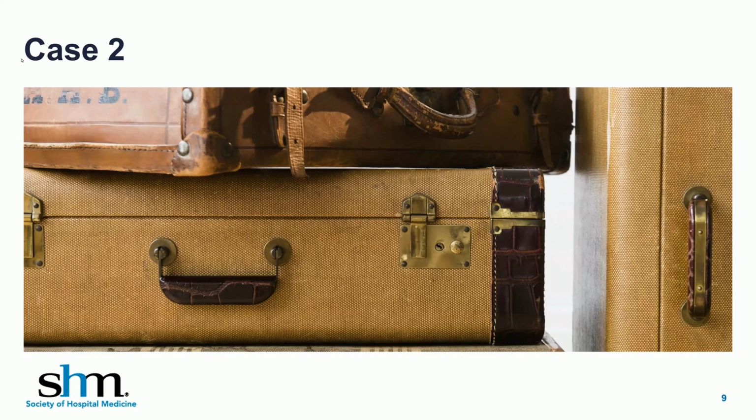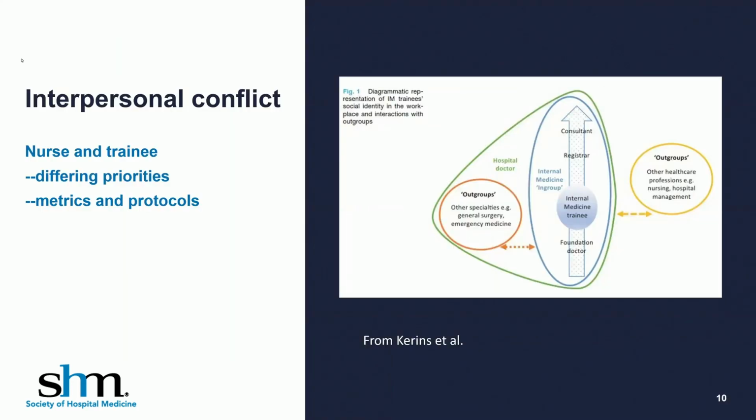Wow, this situation sounds so familiar, and I might even be having a flashback to residency at this point. I feel like this is a pretty common situation in many hospitals in many different situations. And I really love this graphic on interpersonal conflict from Colonel et al.